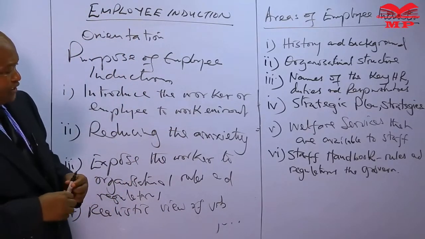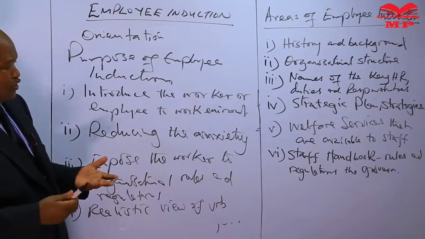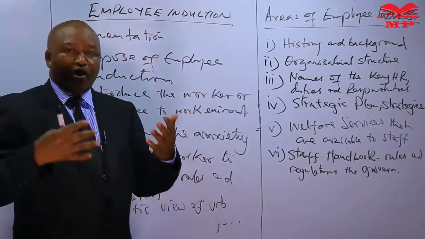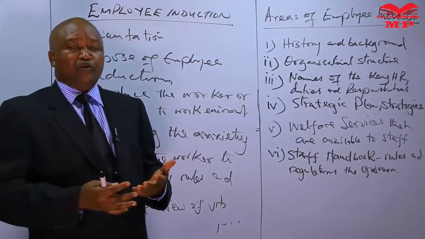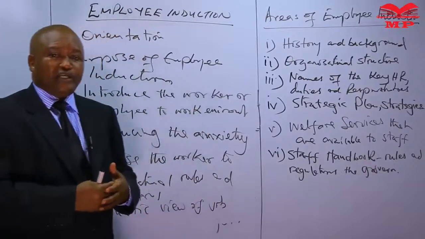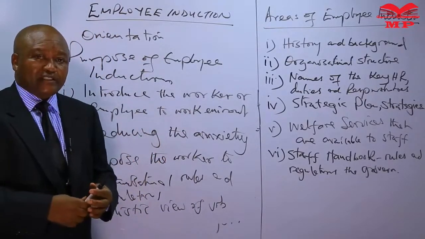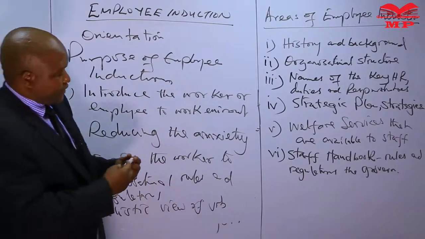This helps the employee so that the employee can now know in cases, for example, of annual leave, where does the employee take the annual leave form? Where does the employee get support in relation to workplace operations, as the case might be?